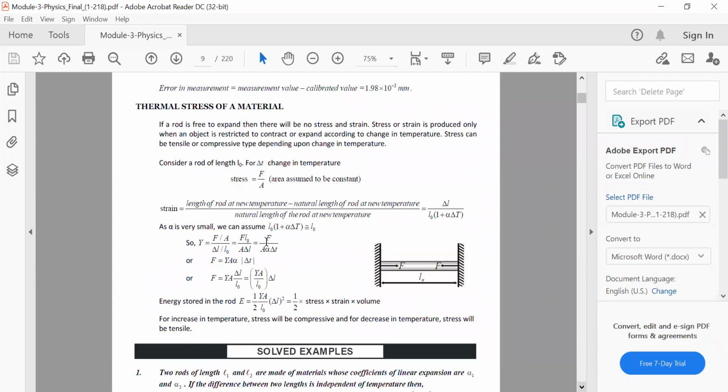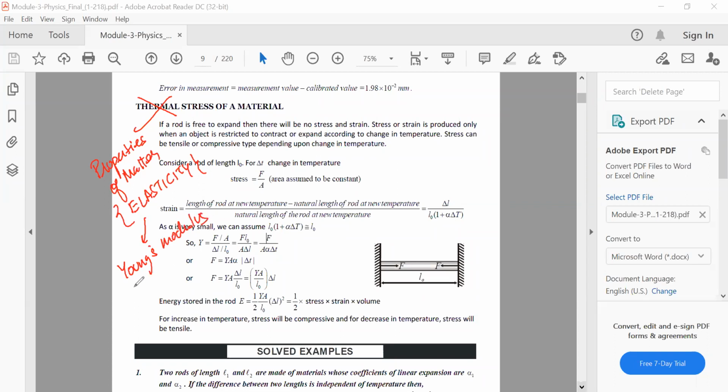Then this part you have to leave out for the moment. I know a number of students have been asking me about this also. This thermal stress part, leave it out for this time because it is based on properties of matter, which is a chapter we'll be doing a little bit later. It's based on the chapter properties of matter, and in that the concept of elasticity, and related to that is something called Young's modulus of elasticity.